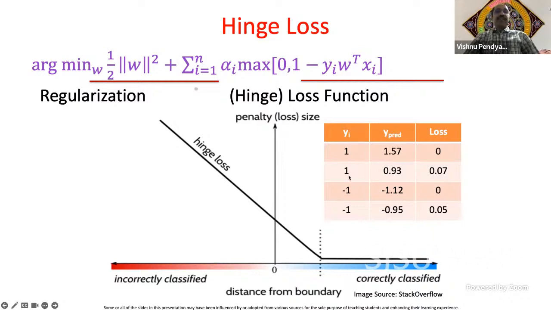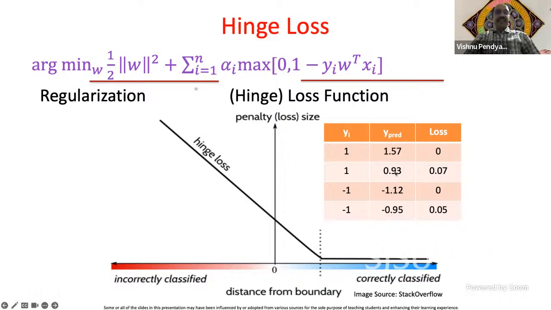When the point is within the margin, the predicted value is 0.93. What does that tell you? Remember, if Wx plus b is less than 1, it is within the margin. So this point is within the margin.